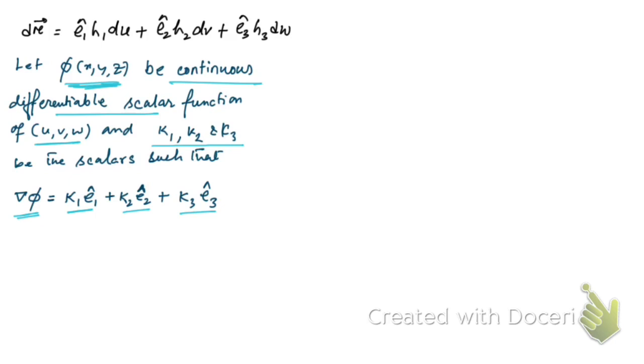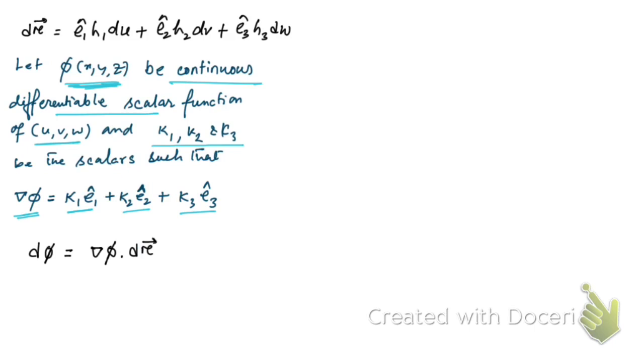Now you see here, we know that d phi, if it is a scalar function, can be written in this way, that grad phi dot dr. Okay, we can write this way.